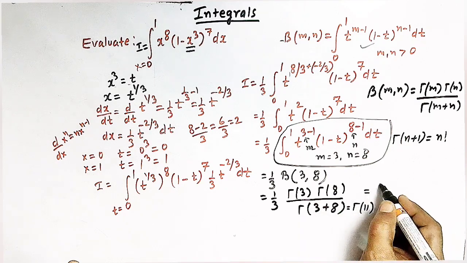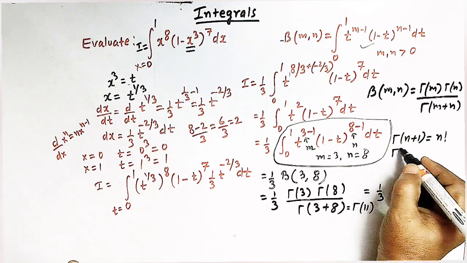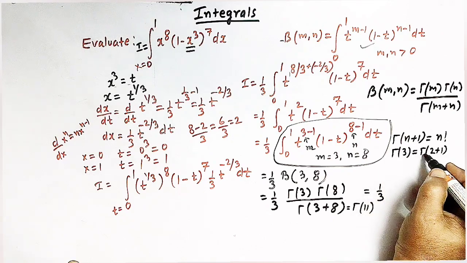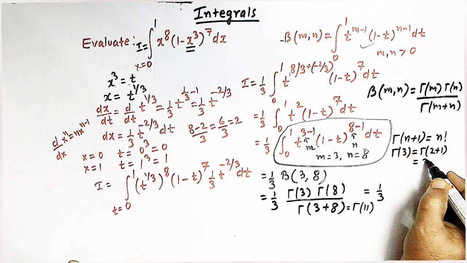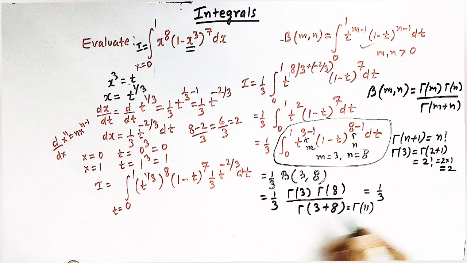So we can now write 1 over 3. Now gamma 3 can be written as gamma of 2 plus 1, that is equal to 2 factorial, that is 2 times 1, that is equal to 2.